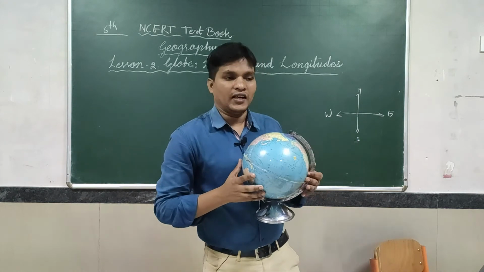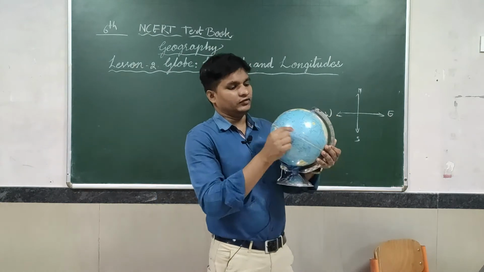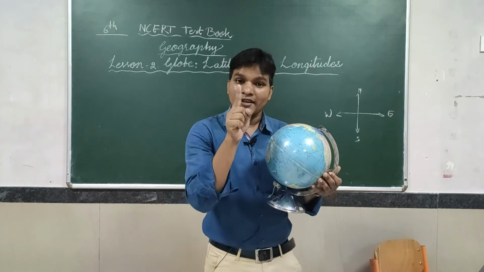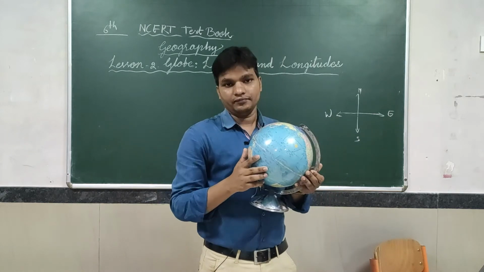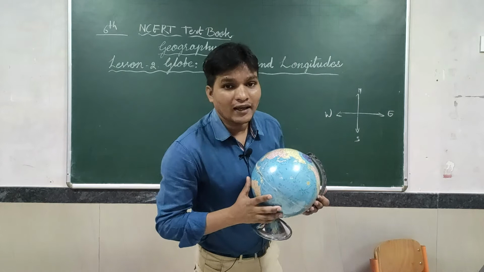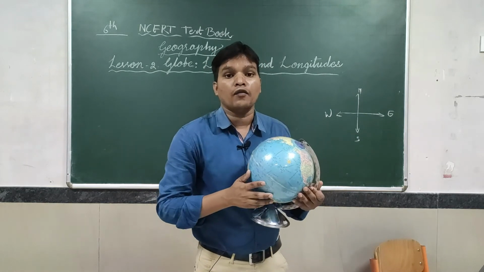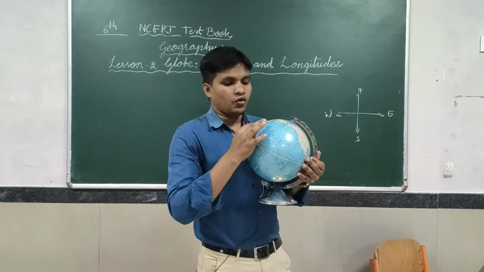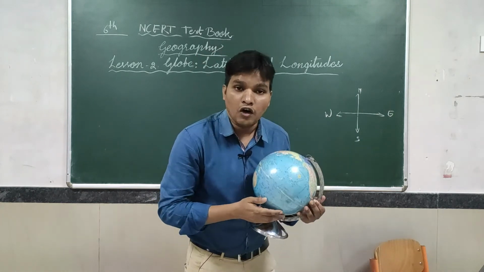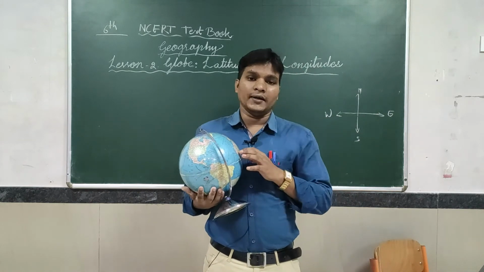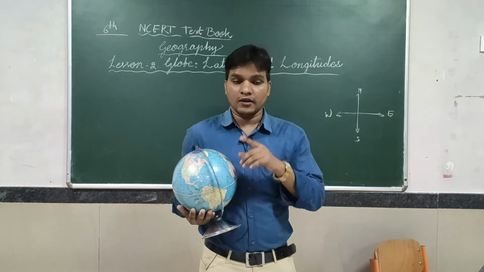There are a number of lines which are measured in degrees. These lines are called parallels of latitude. All the parallels of latitude are measured in degrees. Keep in mind.